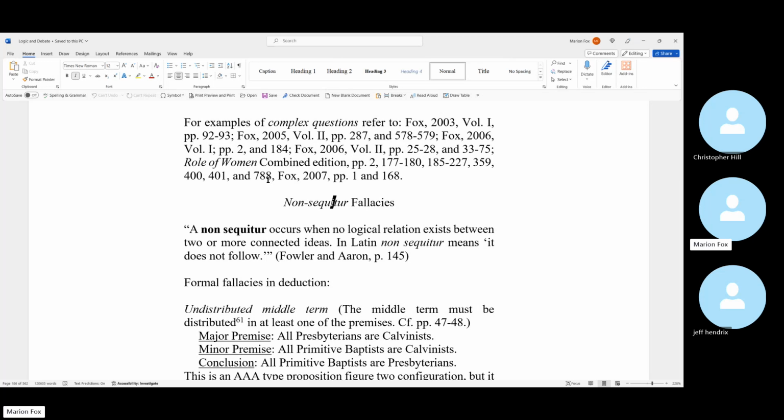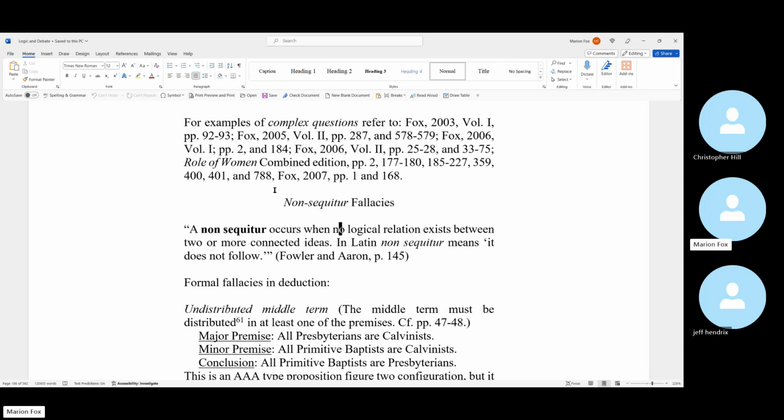All right. We have non sequitur fallacies. This is a new kind of fallacy, and non sequitur, that's Latin. The reason they have so much Latin in here is because logic began to be taught back in the Middle Ages, and even during our colonial times in America, when we had our Revolutionary War, the language of commerce in Europe at that time was Latin.